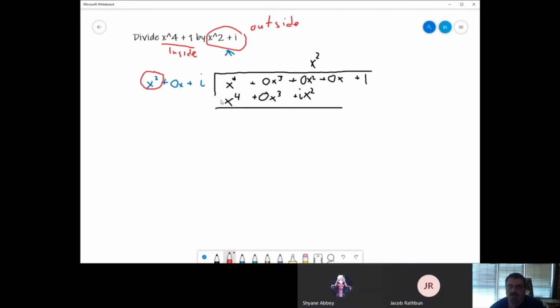And then we subtract, so minus, minus, minus. 0, 0. 0 minus i x squared is minus i x squared.